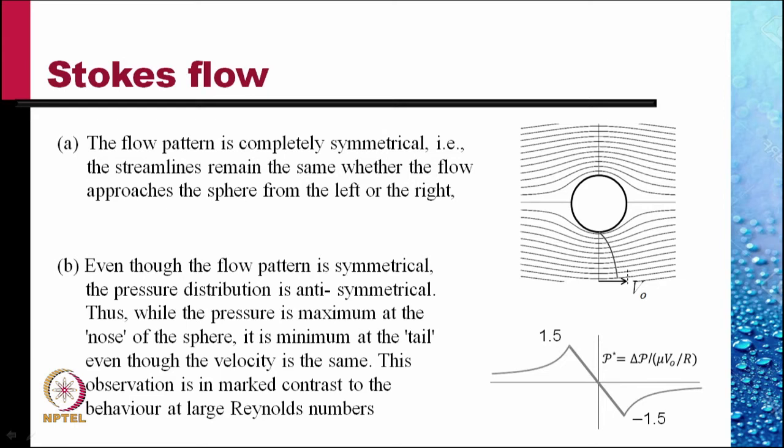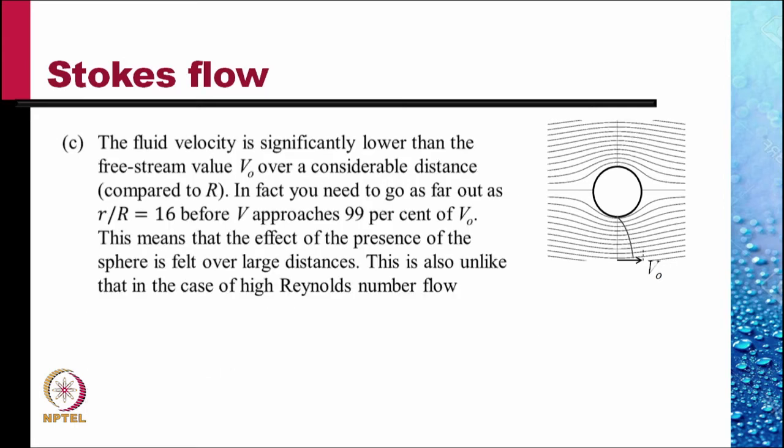This observation is in marked contrast to the behavior at large Reynolds number, where pressure at the nose and at the tail are exactly the same. The fluid velocity is significantly lower than the free stream value V naught over a considerable distance compared to the radius or the diameter of the sphere.